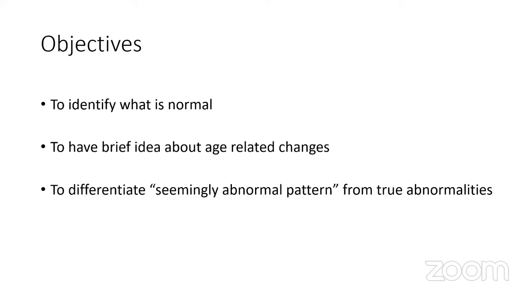Either it is the baseline activity, which we refer to as the EEG background, or there can be a few transients which just pop up on and off, jutting into the normal background activity. These are called transients, and these transients can be physiological as well as pathological.